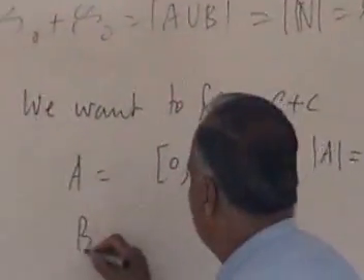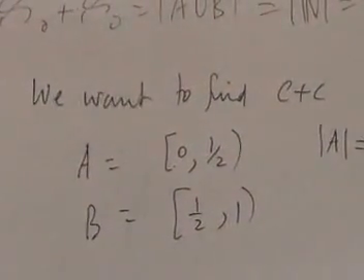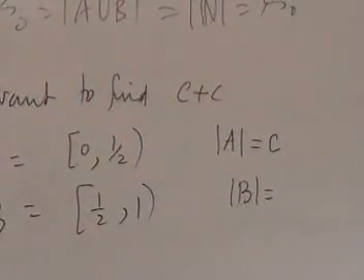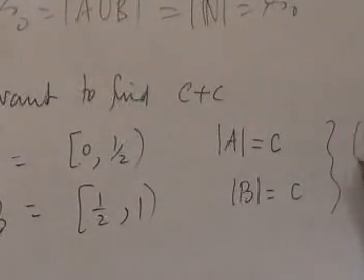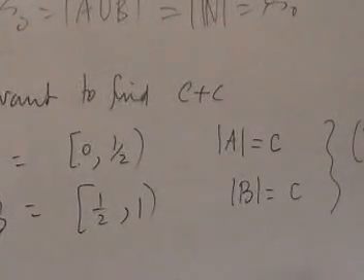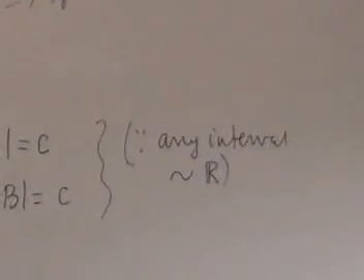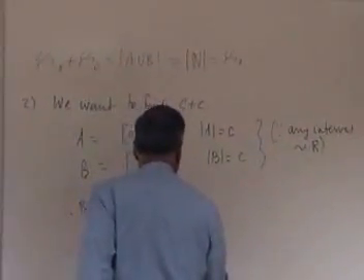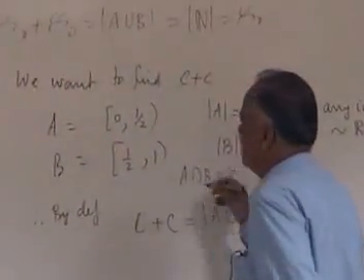Now if we take B to be the interval from half to 1, what is the cardinality of B? Same argument: any interval is equivalent to the real numbers, which we proved last time, so it has cardinality C. A intersection B is empty; nothing is common.